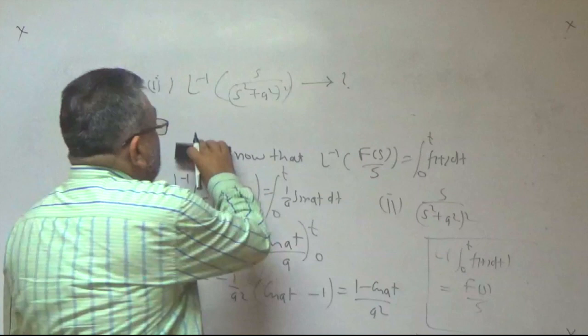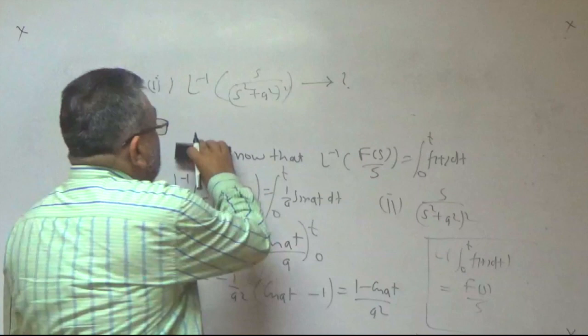So after changing the order of integration in equation 1, we get the Laplace transform of f star g, the left hand side.